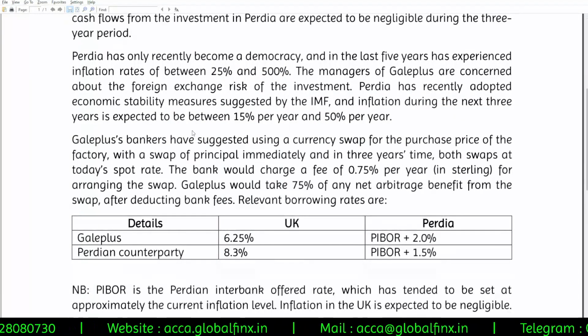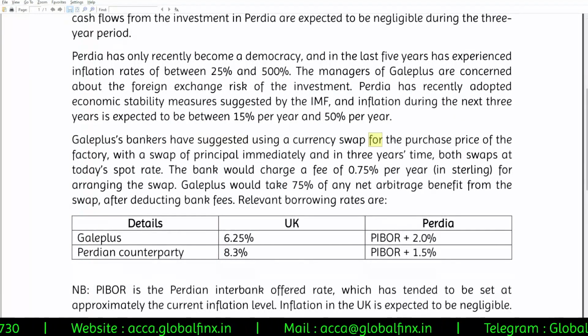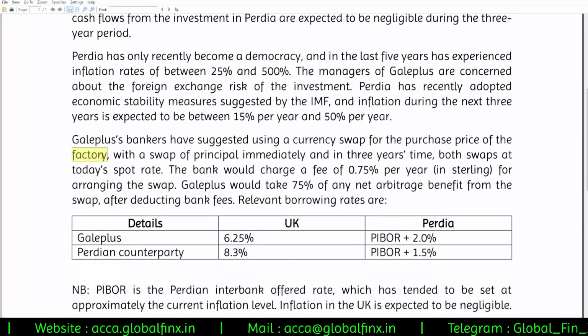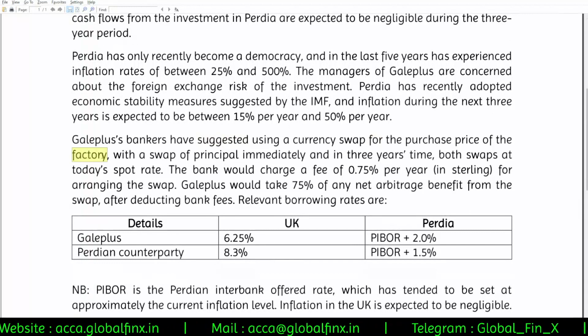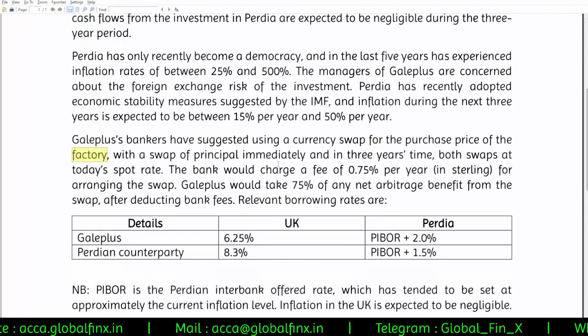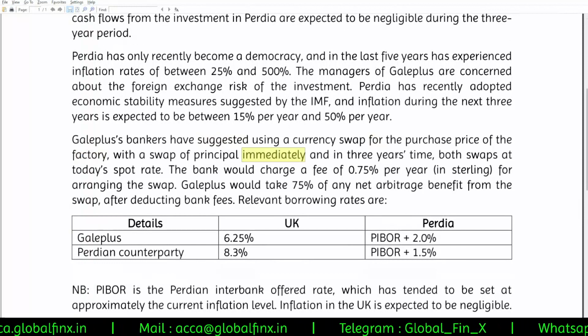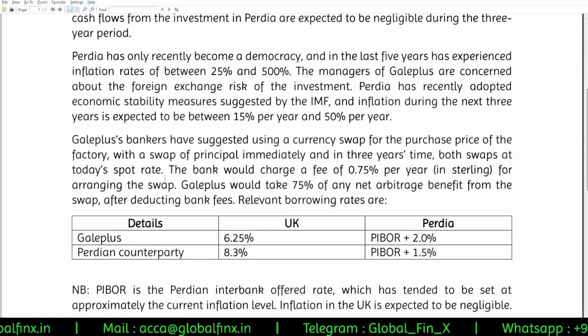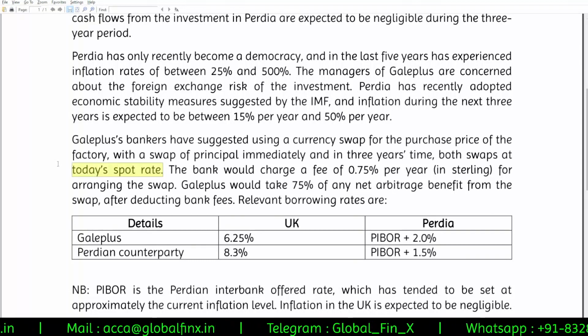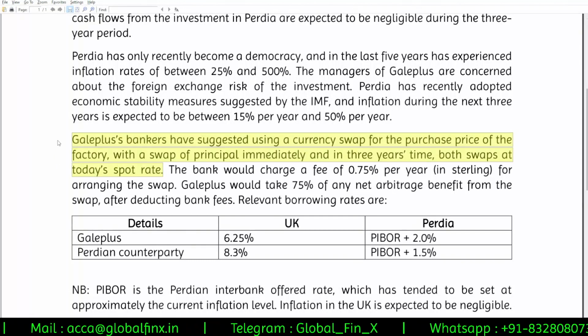Galeplus bankers have suggested using a currency swap for the purchase price of the factory, which is 2000 million, with a swap of principal immediately and in 3 years time, both swaps at today's spot rate. So here you can see there is a currency swap being made.